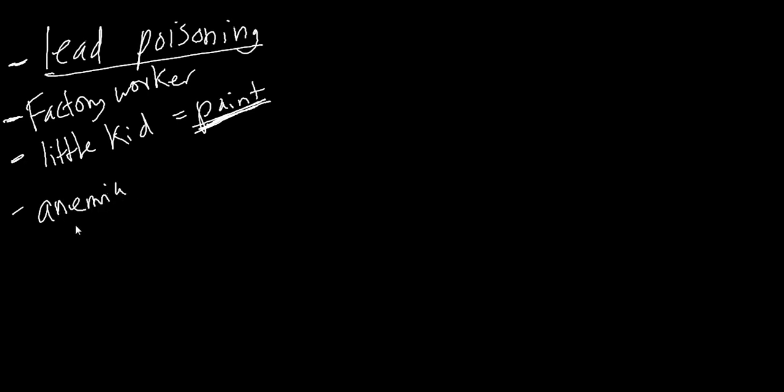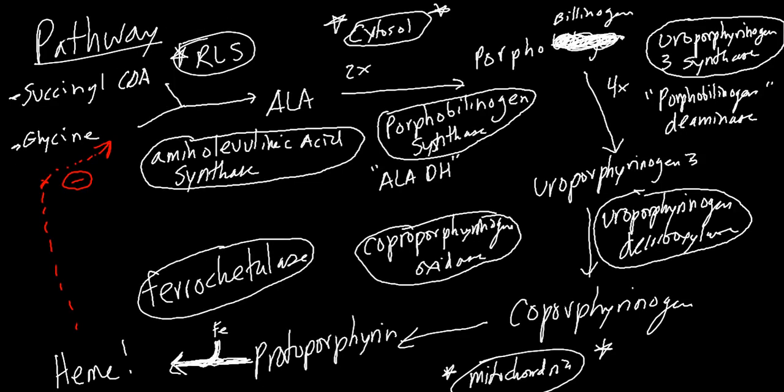Now, why do you get anemia? Well, let's go back to our pathway picture and let's mark it up a little more. So lead poisoning is going to inhibit 2 main steps. We're going to inhibit here at the ALA dehydratase enzyme, or we're going to inhibit the ferrochelatase enzyme.